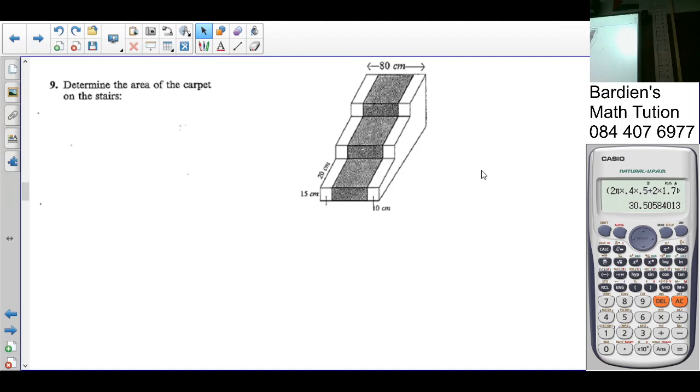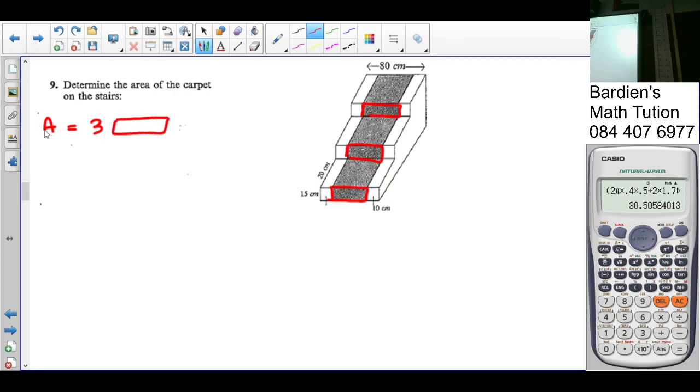Are we going to work total surface area out here? No. Volume? No. Some logic is going to apply. The area is going to be made up of how many of these sections are there? 3. So it's 3 rectangles.